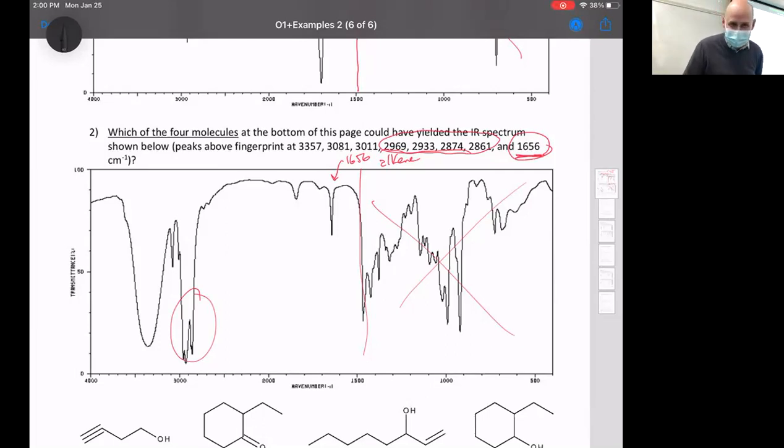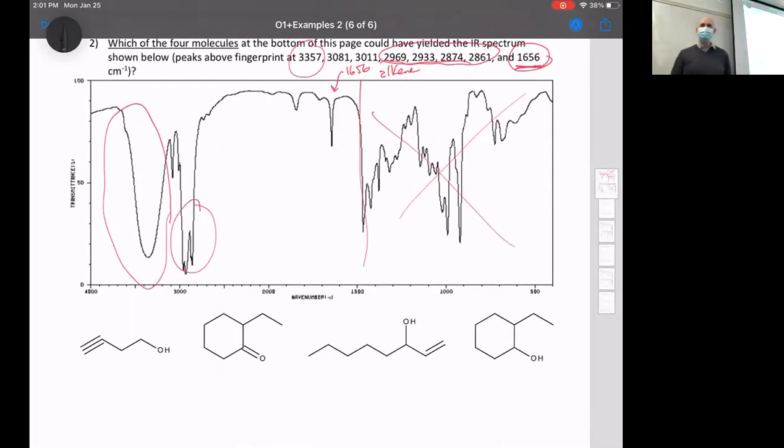All right, what about this stuff around like 3,000 to 3,100? It is. So that's not new. All right, what about this is new right here, this thing? Yeah, great. So what do you have in this molecule? Yep. So here you go. A, B, C, D. Which one's your molecule?